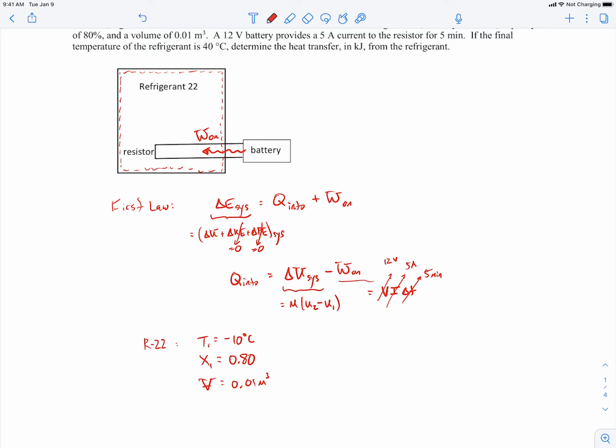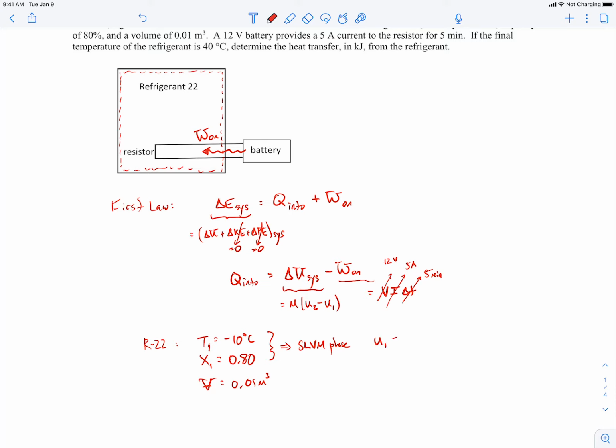Since we're dealing with a quality, we know that we have a saturated liquid vapor mixture phase, and we should be able then to determine the specific internal energy using the quality in the following way.